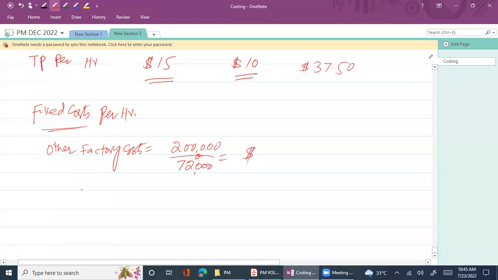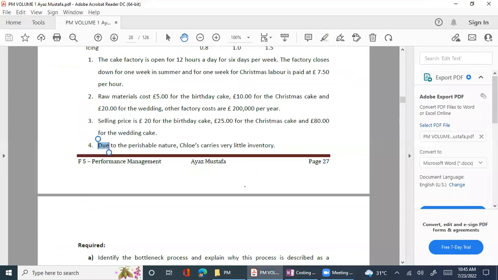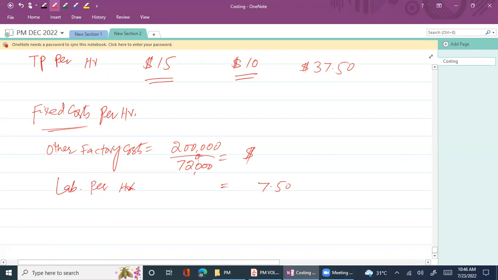And labor is also considered as a fixed cost. So the labor per hour is already given straightforward in the question, $7.5. Currency in this question is pound, but I am writing it as a dollar, so no need to get confused. You will use pound. So this was given, but you need to find 200,000 divided by 72. Please give your answer.